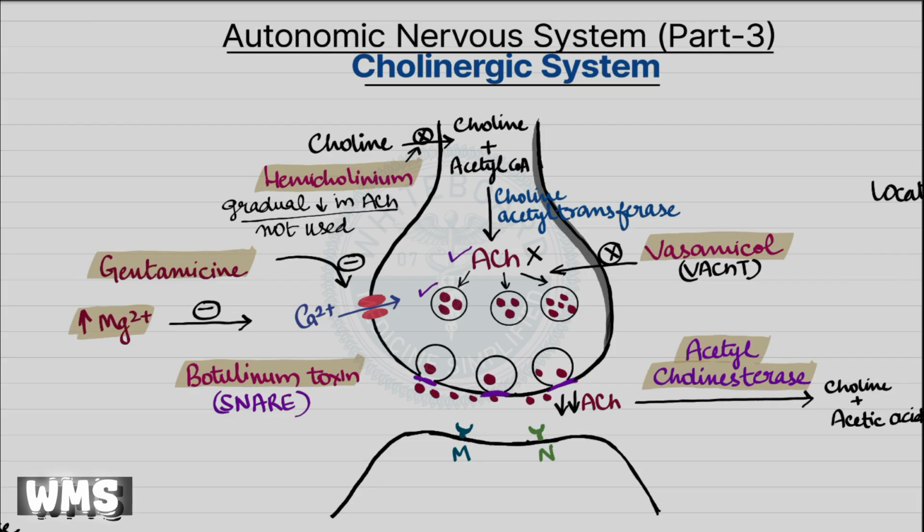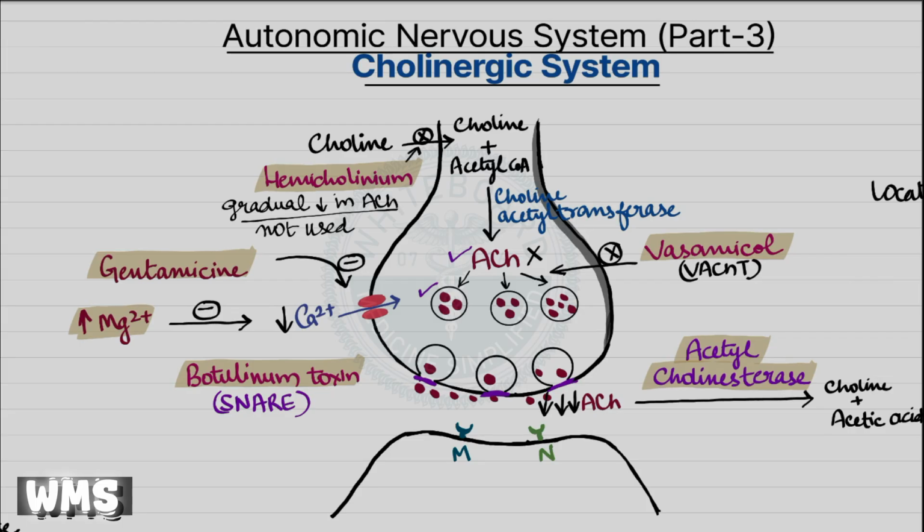Because calcium and magnesium have similar charges, magnesium can compete for the same entry points. So when magnesium levels are excessively high, less calcium enters the terminal, and as a result, the signal to release acetylcholine is muffled, leading to a significant drop in neurotransmitter release. This is why excessive magnesium can cause muscle weakness.